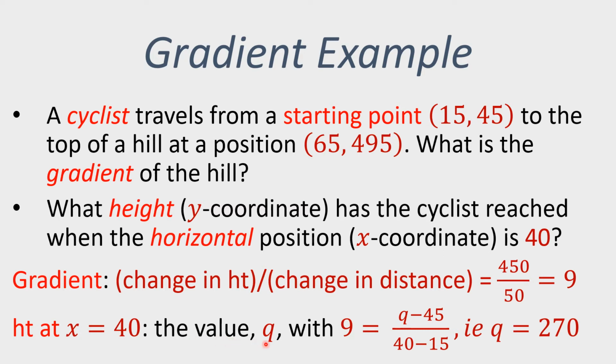This is a value q, the actual value we're looking for, where the gradient has to be equal to q minus the starting height, and all of that is divided by the horizontal distance that we're interested in, 40, minus the horizontal distance we started from. In other words, that turns out, if you do the calculations, to be 270.